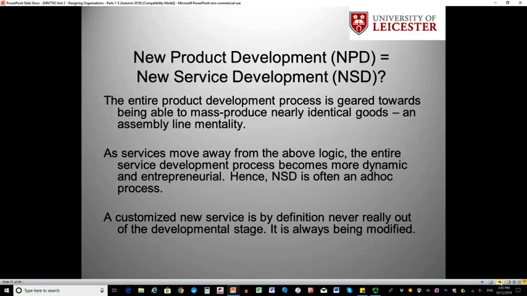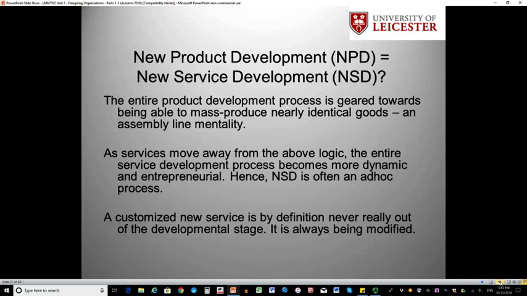And what we see when we start looking at service companies is they often have a much more ad hoc, dynamic way of developing products. It is often more likely to be driven by customers and involving customers than product development.